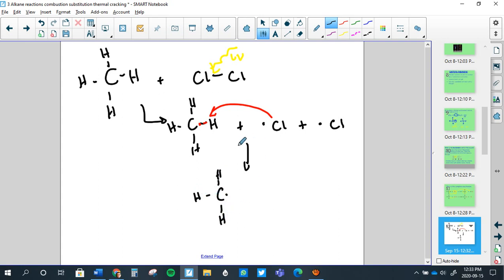Right. Then in the presence of this other chlorine, plus the hydrogen and that chlorine radical, right? The final step.